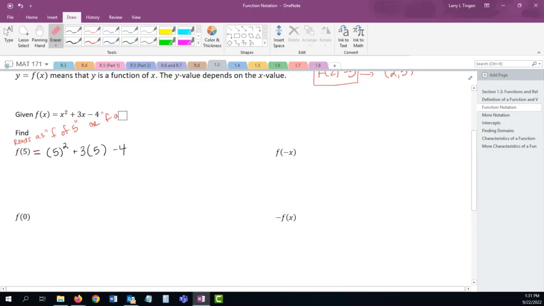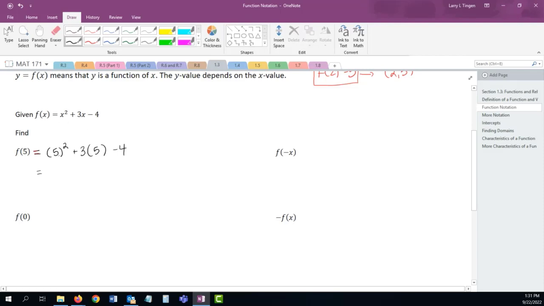Let me get rid of this red here. So take a look. What did I do? F at 5. I just took f of x and I swapped out everywhere there's an x. Now there's a 5. I always use parentheses. In this case, they're not necessary on the first one, but they're very helpful. They help you avoid making mistakes.